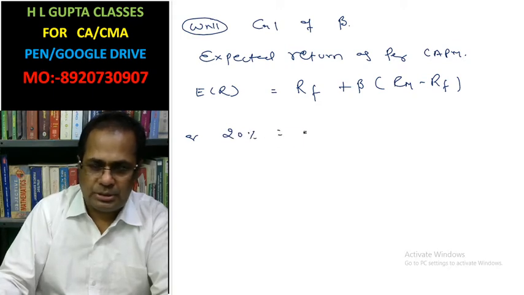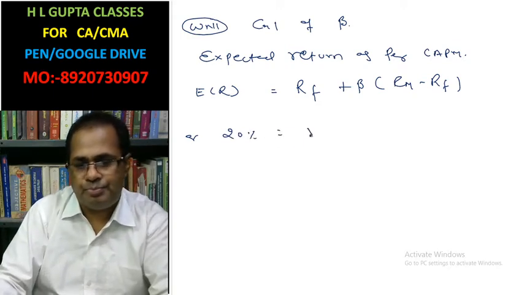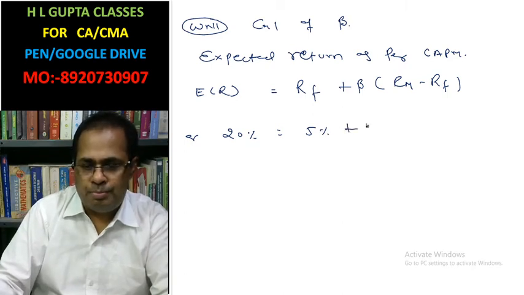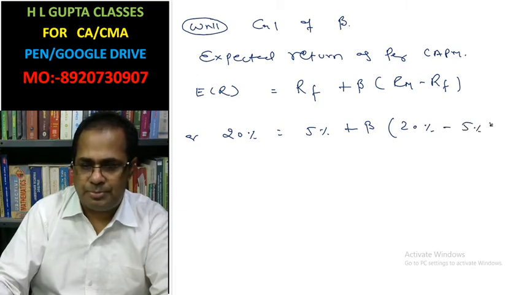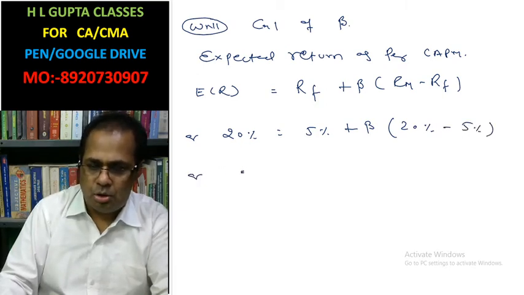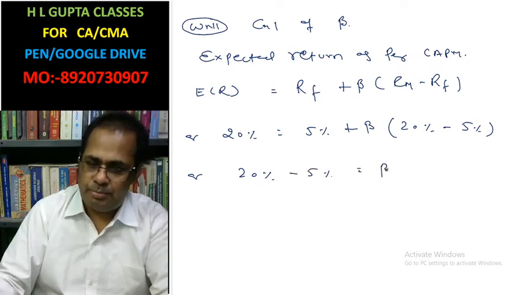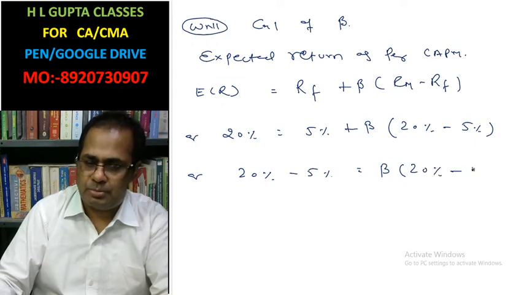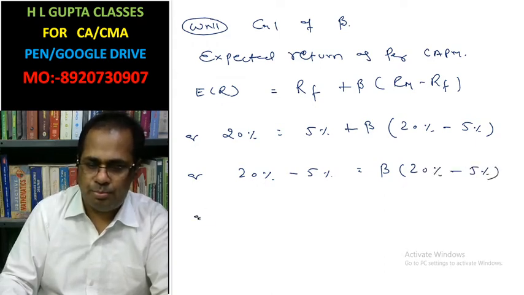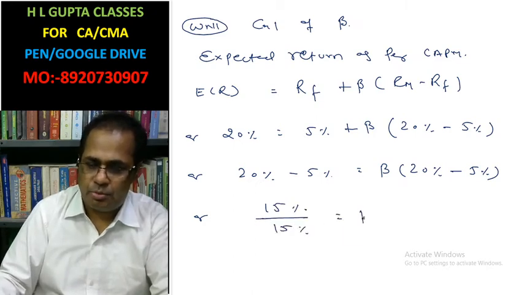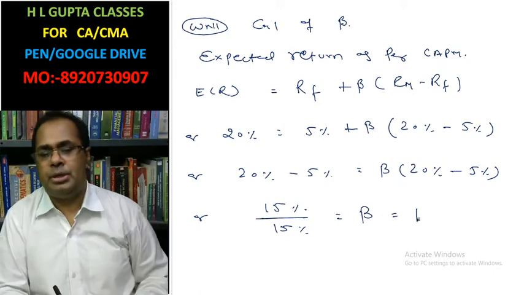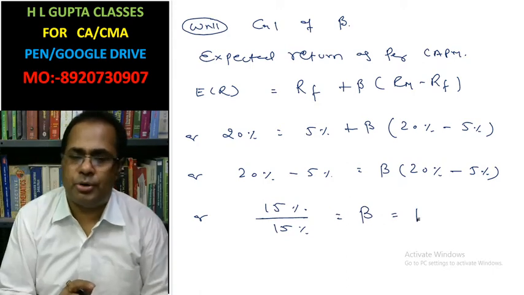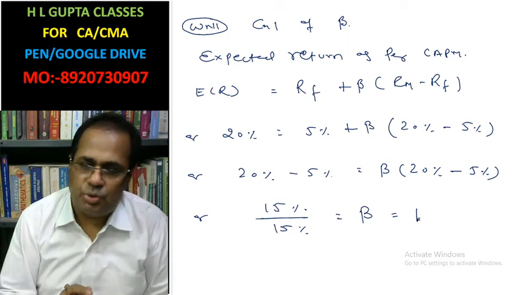This is 20%. This is your 5%, plus beta (20% minus 5%). 15% divided by 15%, that equals beta, this equals 1. This is your beta. The value of beta is 1.